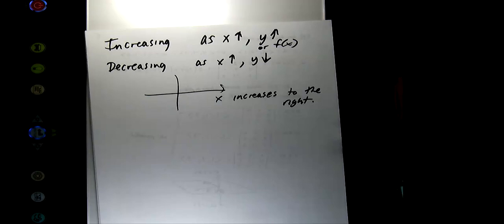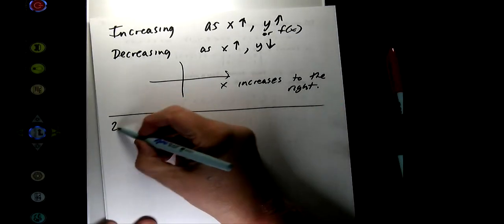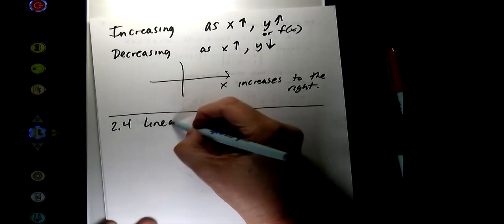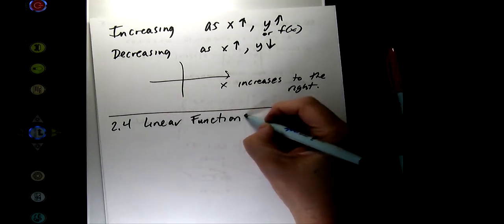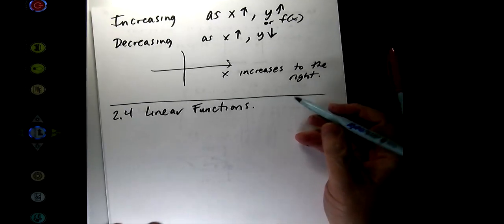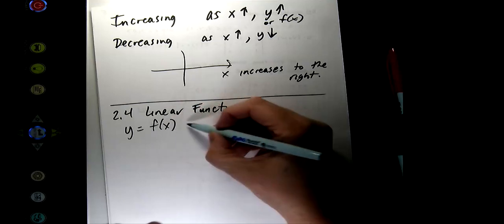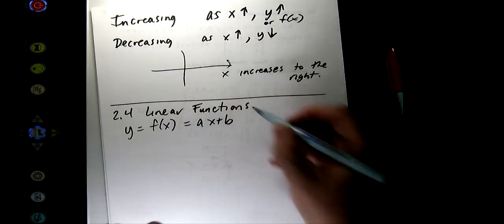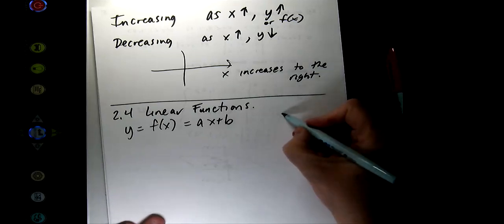All right, part 2. Section 2.4 is on linear functions. Linear functions come in the form y equals f of x equals ax plus b, and a is not equal to 0.